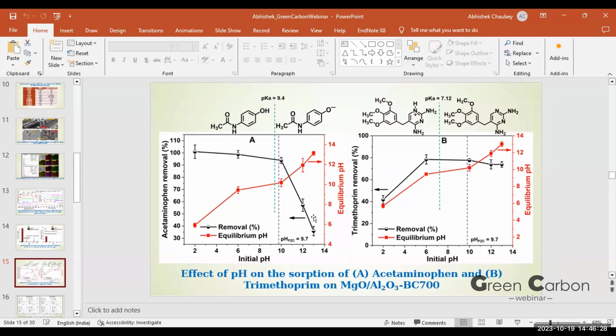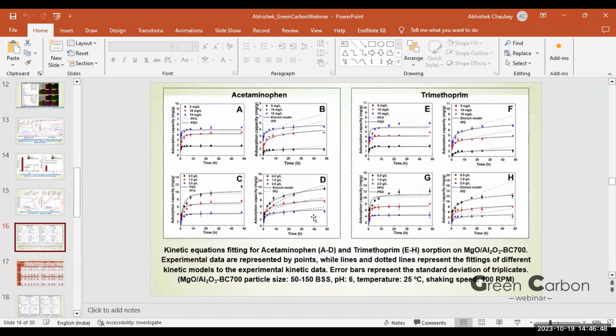You can see that at initial pH like 2, 4, 6, the removal efficiency was lower, maybe because of the positive-positive repulsion between the adsorbent and the trimethoprim.